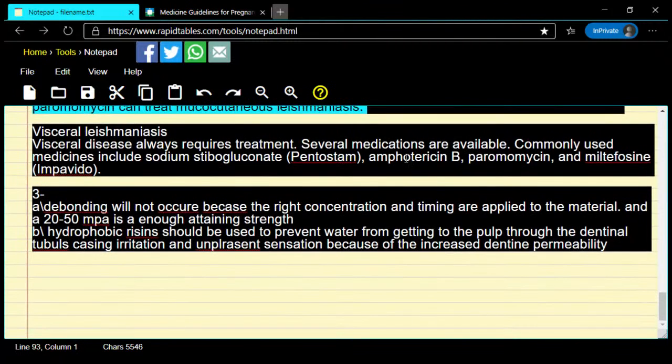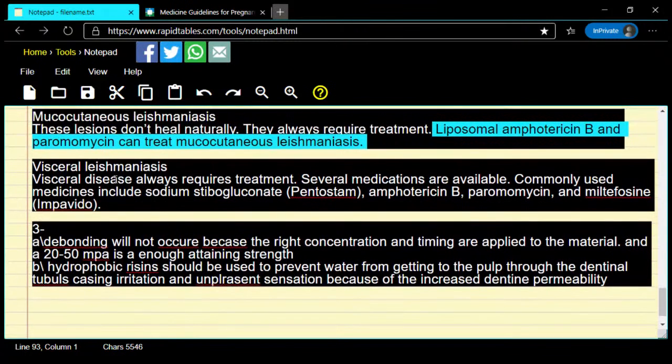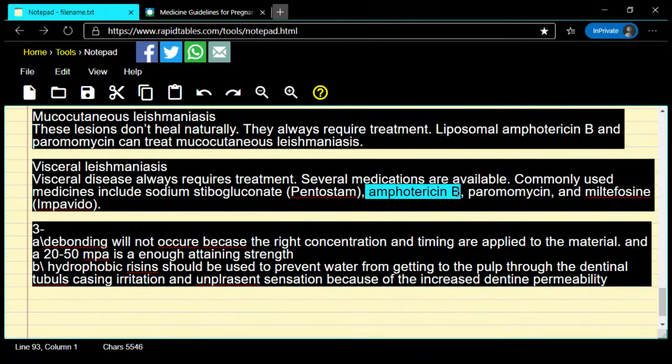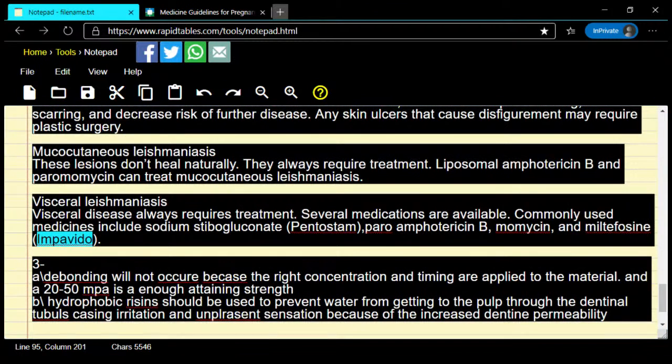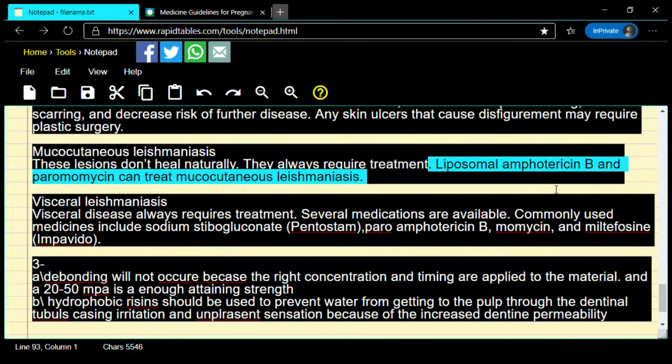paromomycin, just like the visceral leishmania, as we discussed the use of amphotericin B, paromomycin, miltefosine, impavido, is here. Let's write it down.